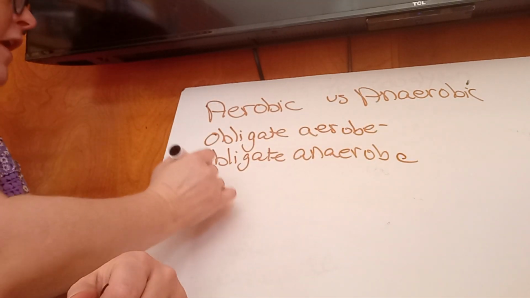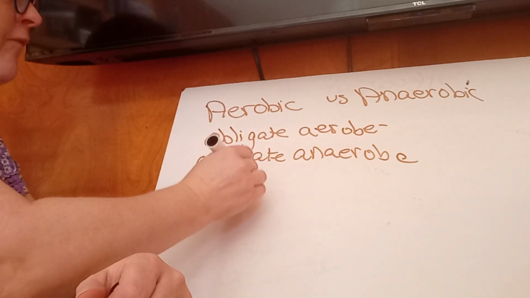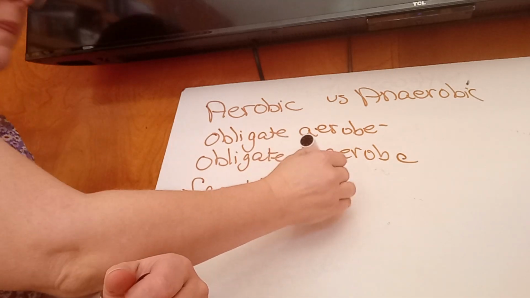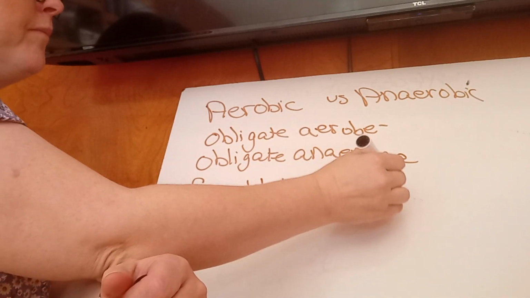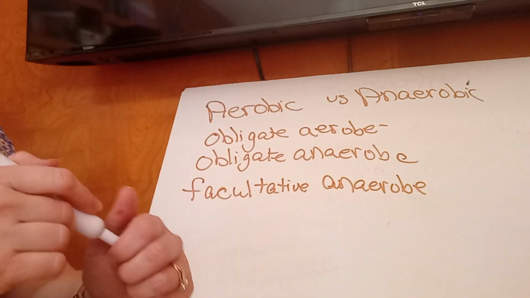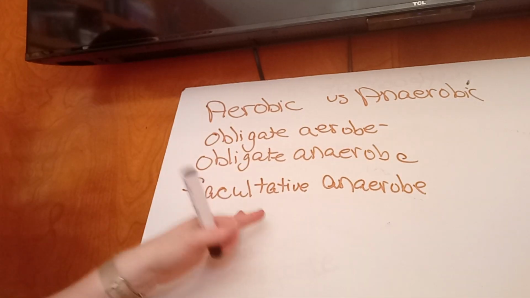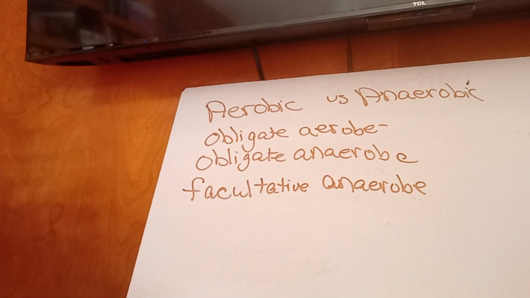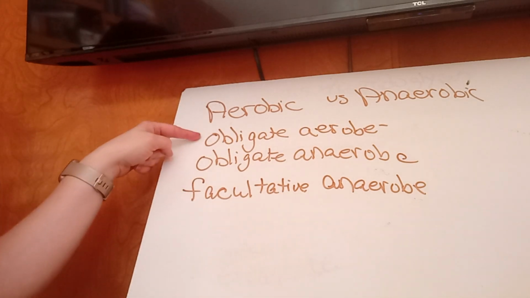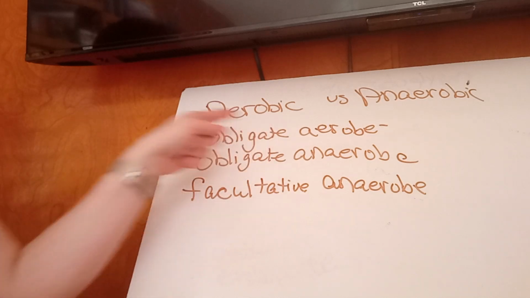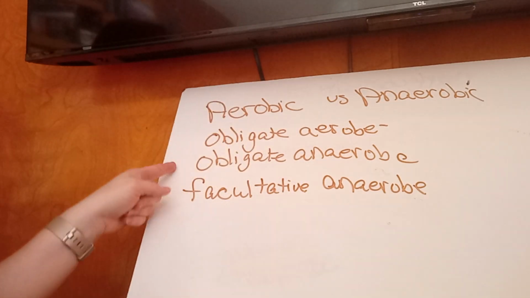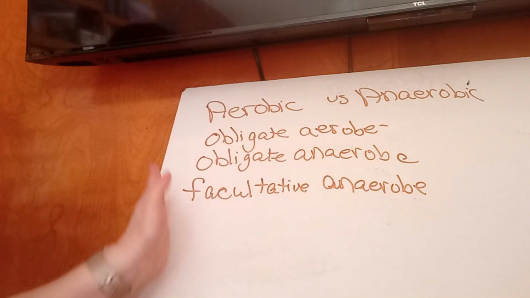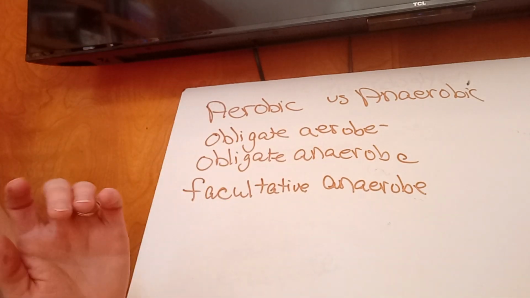And then we have the facultative anaerobe. This means facultative anaerobes can do aerobic respiration or they can do fermentation, which is anaerobic. Notice the word obligate, like obligation. An obligate anaerobe cannot use oxygen. A facultative anaerobe can use oxygen or not use oxygen.